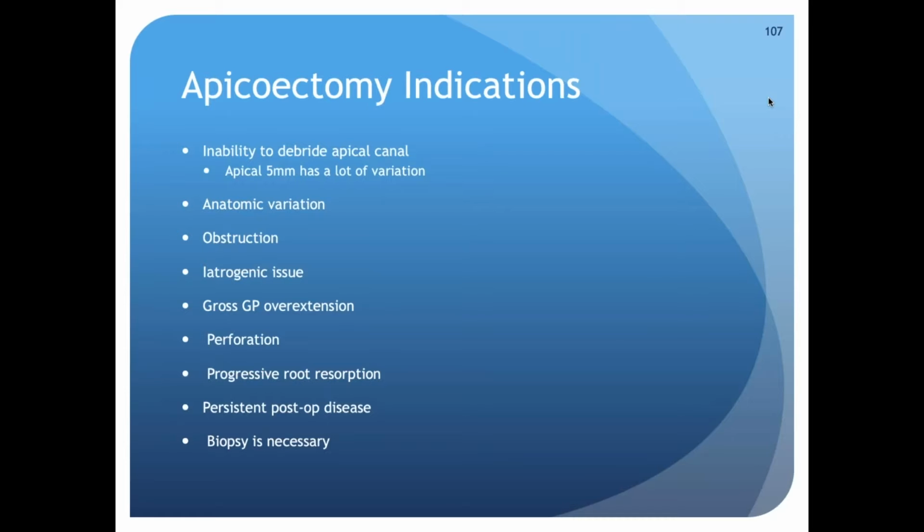Any kind of iatrogenic issue, again, separating an instrument, gross gutta percha overextension, perforations, some kind of progressive root resorption, or persistent post-op disease, so you've done a root canal and it's just not getting better. And it's always important to remember that it's good to do a biopsy after these.